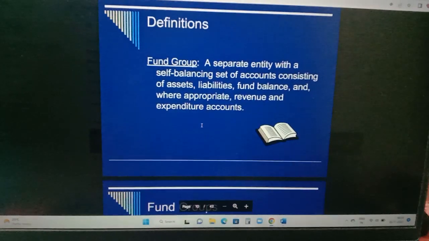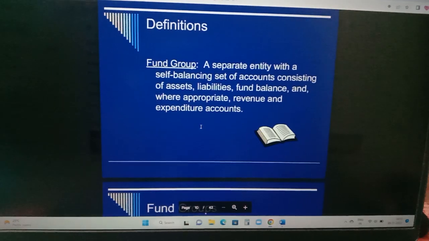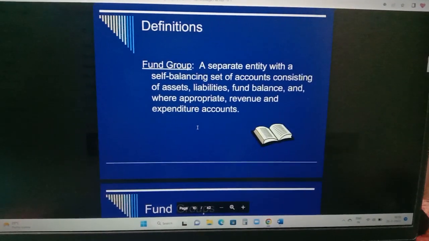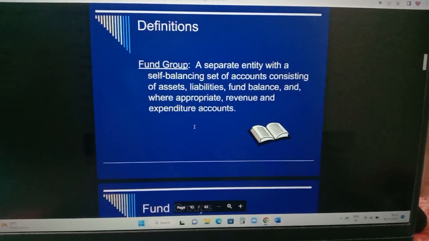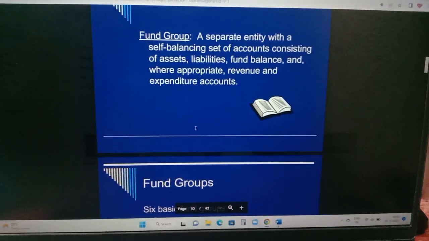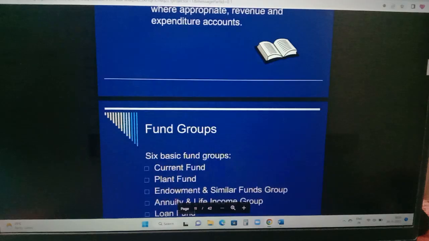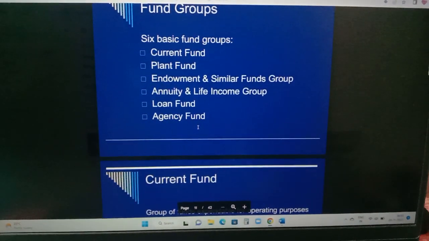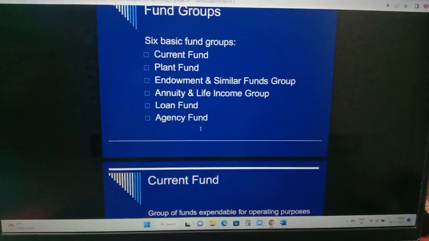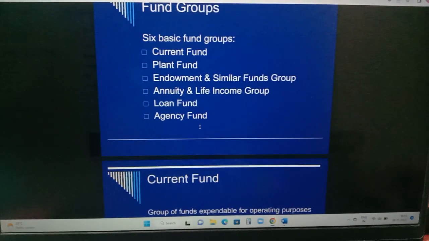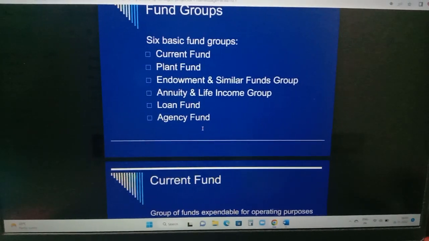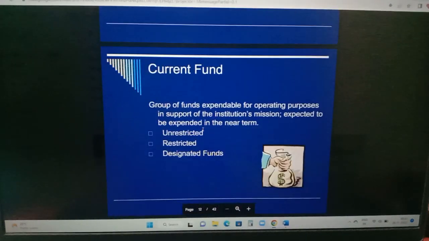Here they have mentioned the fund group, a separate entity with a self-balancing set of accounts consisting of assets, liabilities, fund balance, and where appropriate revenue and expenditure accounts. Six basic fund groups: current fund, plant fund, endowment and similar fund group, annuity and life income group, loan fund, and agency fund.